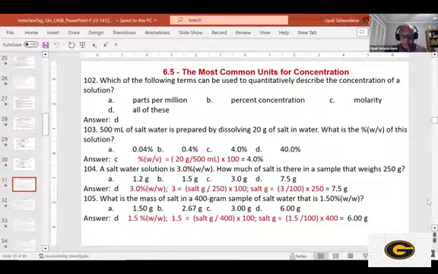There are calculations where we calculate percent composition of a solution, either weight by weight percentages, weight by volume, or volume by volume. So they are pretty similar calculations.